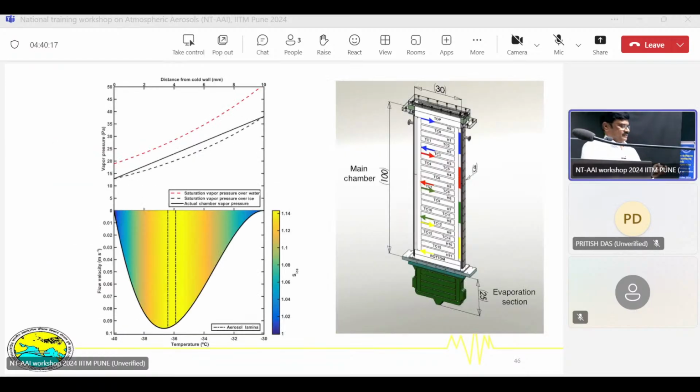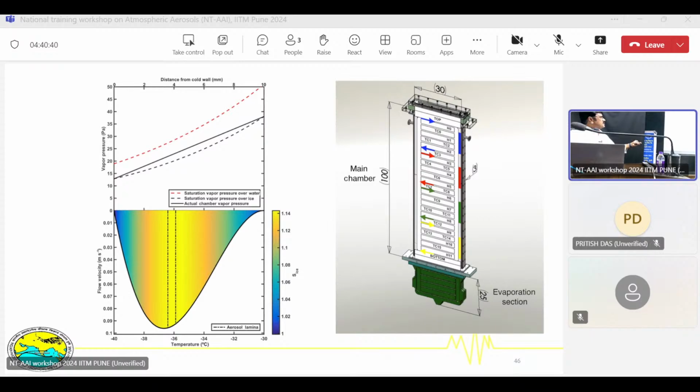So this is the ice chamber, wherein the ice supersaturation is set up. What you see here is the wall temperature. One wall is a warm wall, and the other one is a cold wall. The temperature range you can see is from -40 to -30.